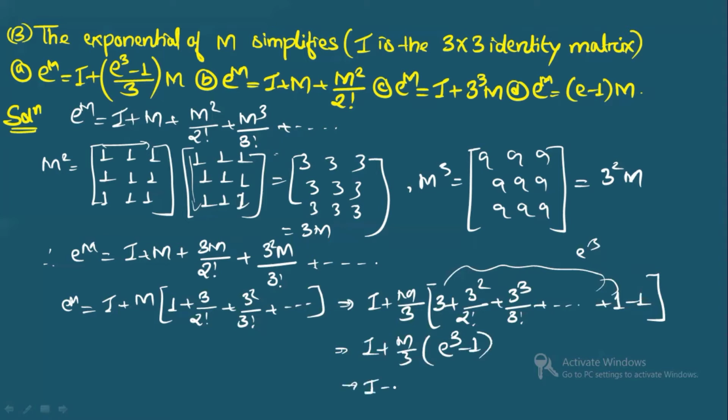All right, which can be further written as e to the power M equals I plus M times e cube minus 1 by 3. So the correct option, you can check, is option A: e to the power M is equal to I plus e to the power 3 minus 1 by 3 M. Clear? You just have to simplify.